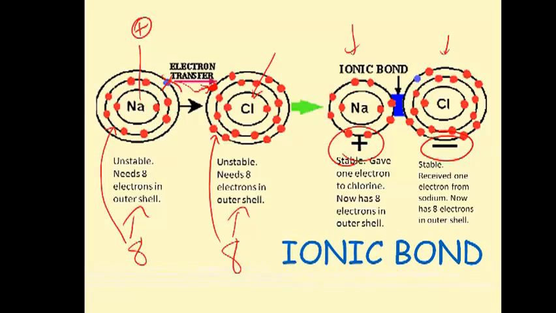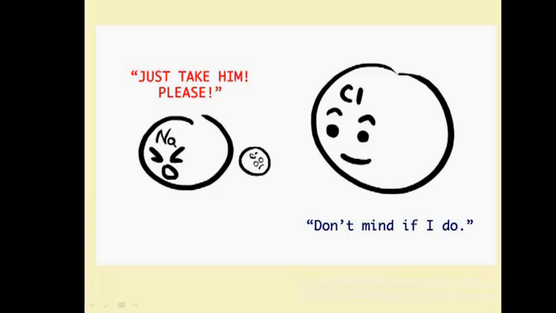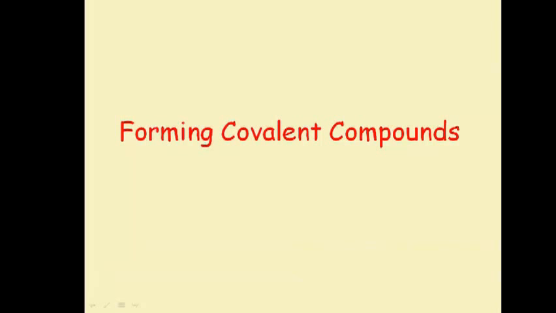So sodium and chlorine are ionically bonded. Ionic bonding takes place between a metal, in this case sodium, and a nonmetal, in this case chlorine. Ionic bonds form when metals lose electrons and nonmetals gain electrons. Electrons are transferred.